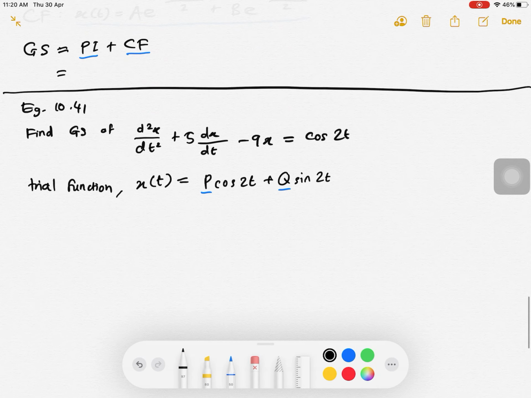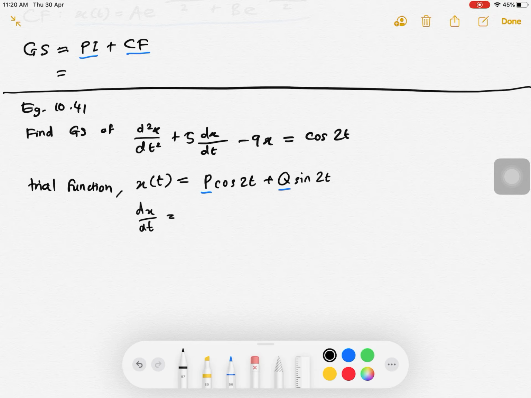Right now we want to substitute this inside the equation, but we need to find dx/dt and d2x/dt2, the first derivative and the second derivative.